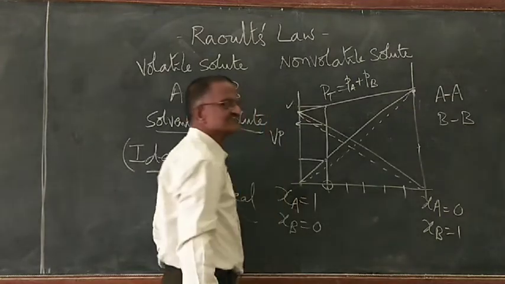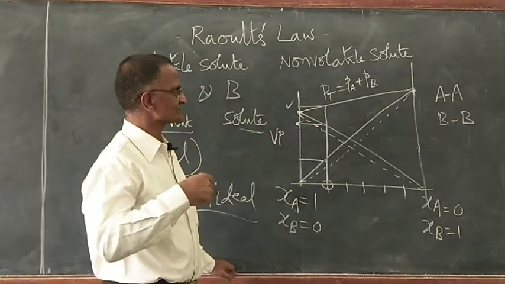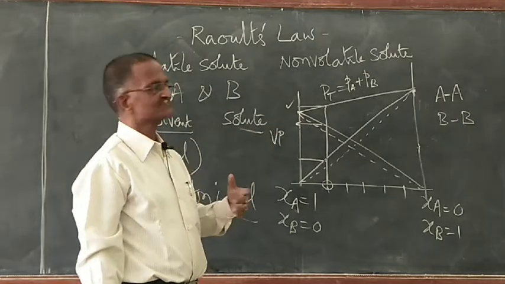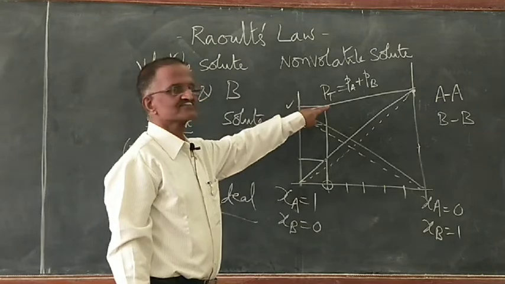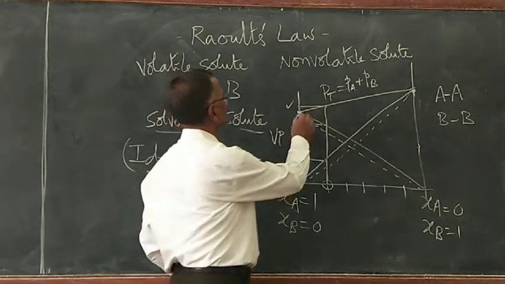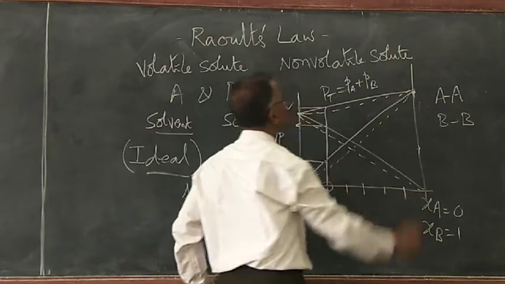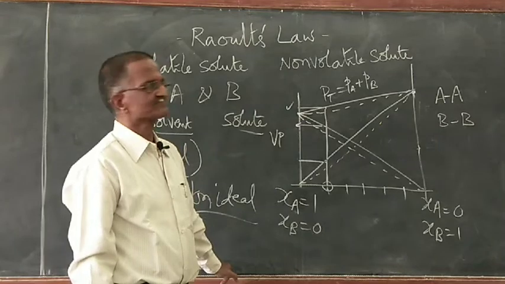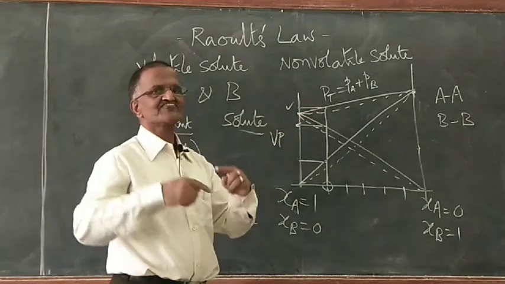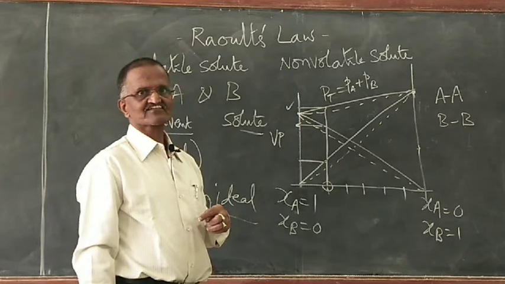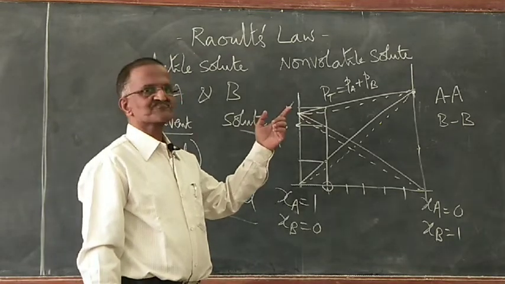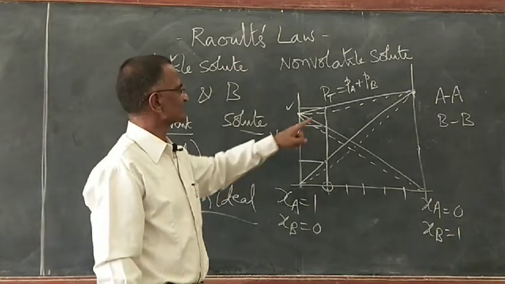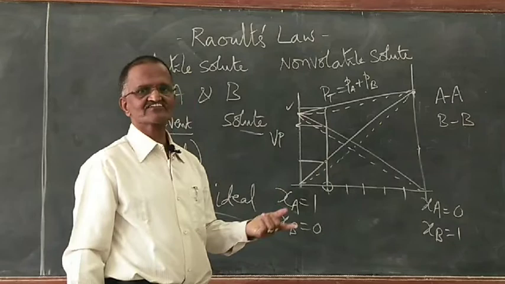The attractive forces have decreased the number of particles going into the vapor phase. The total vapor pressure which I expect will not be the same. It will certainly be less, because of the stronger attractive forces between particles of A and B. Then we say it is a deviation from Raoult's law. Why deviation from Raoult's law? Because of the attractions or interactions present between A and B. Then we say it is a negative deviation from Raoult's law.